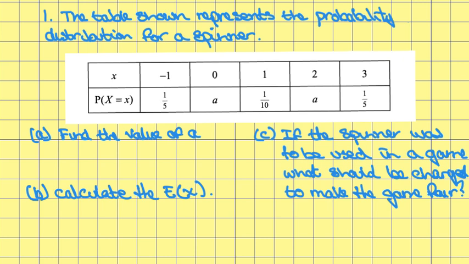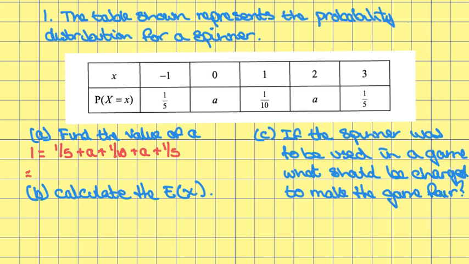Well, we know that all the probabilities must add up to 1. So therefore, 1 is equal to 1/5 plus A plus 1/10 plus A plus 1/5.